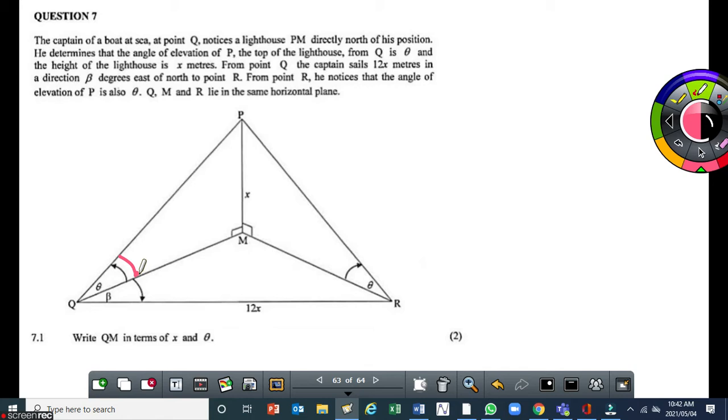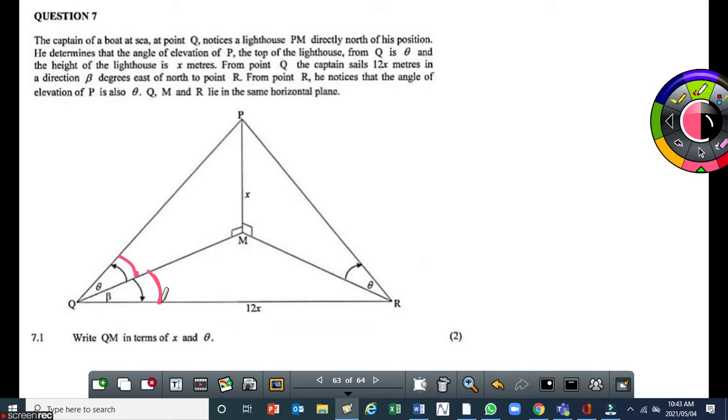From point Q, the captain sails 12x meters in a direction beta degrees, which is this angle here. So from point Q to point R, that's 12x meters. From point R, you notice that the angle of elevation of P is also theta.